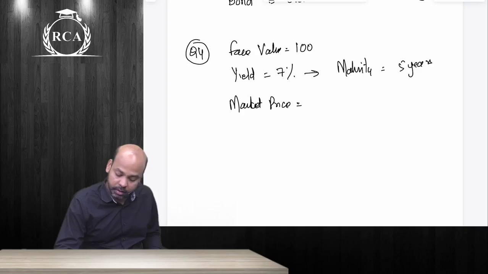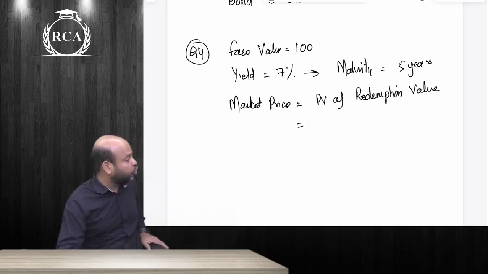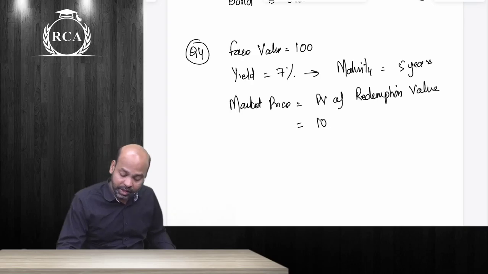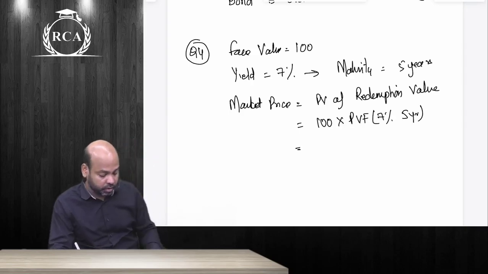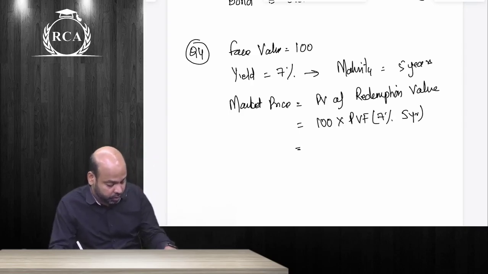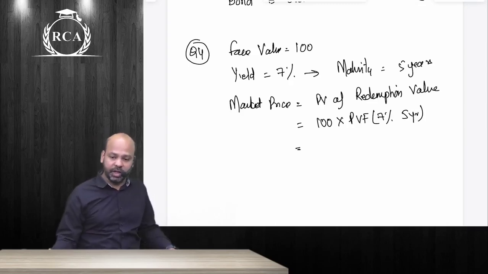You will write the present value of redemption value. There will be no other cash flow because it's a zero coupon bond, guys. So directly it will be 100 rupees multiplied by the present value factor at 7% for the 5th year.